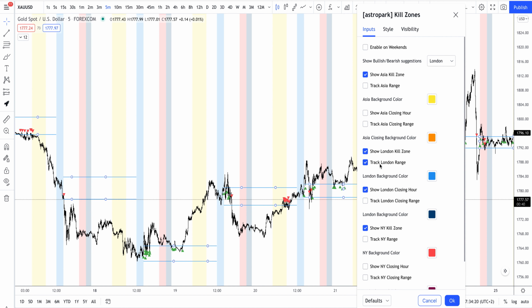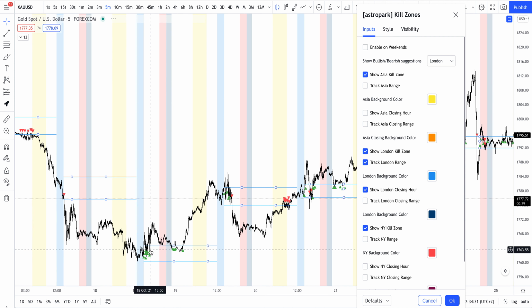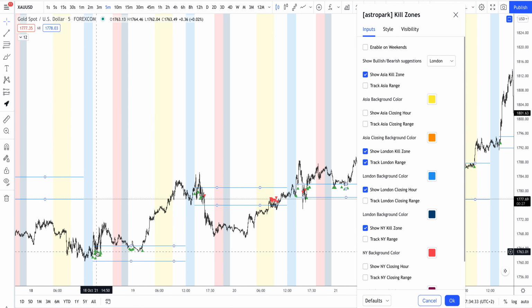So I am tracking London. For example, here London just stopped the bleed, and the indicator suggests to long the retest.